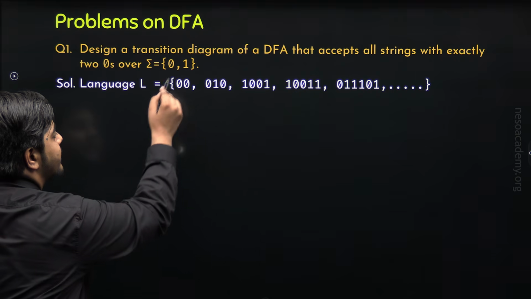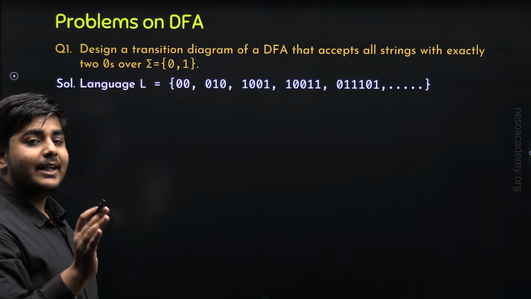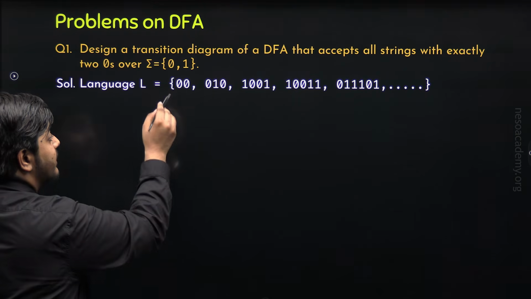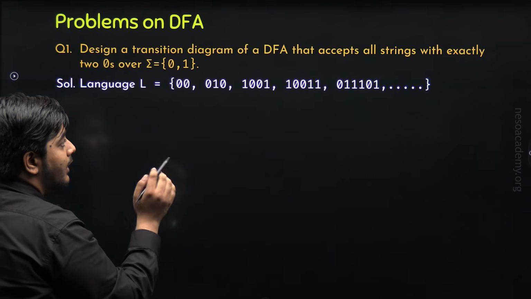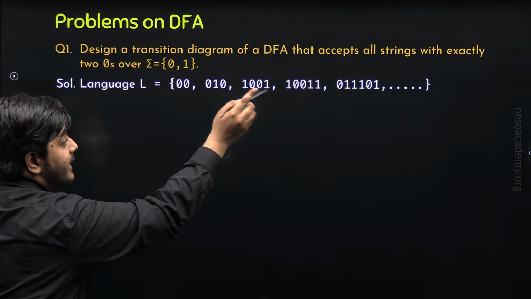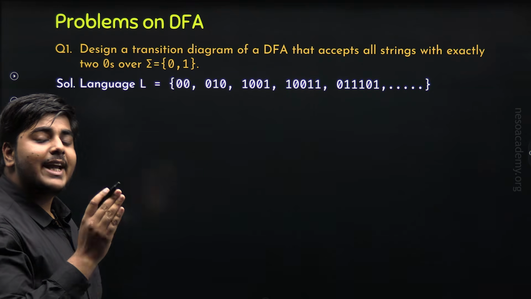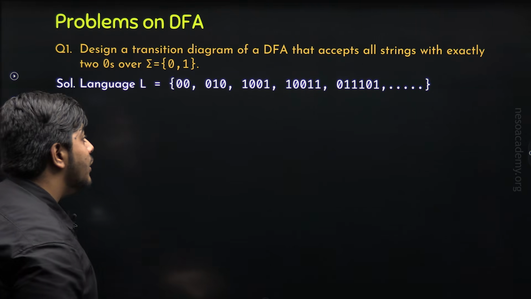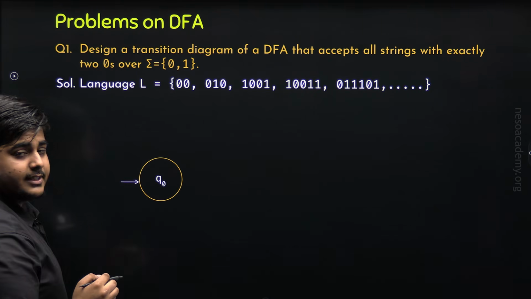This is the simplest string that we will consider while designing our DFA because 0, 0 is the smallest string and 0, 0 contains exactly 2 zeros, so it will be accepted by our DFA. So first of all, we will have our initial state.